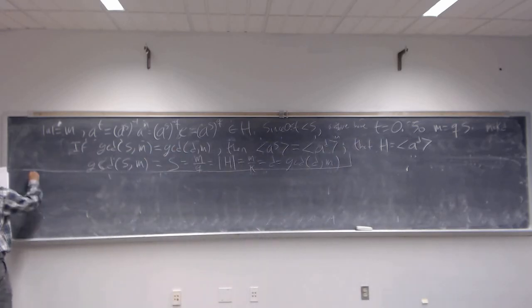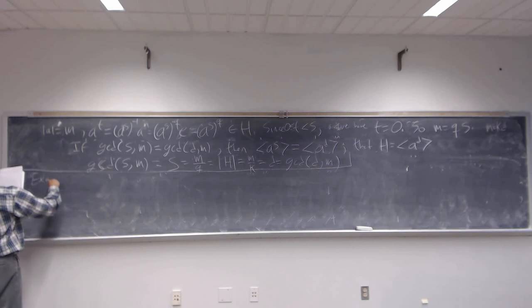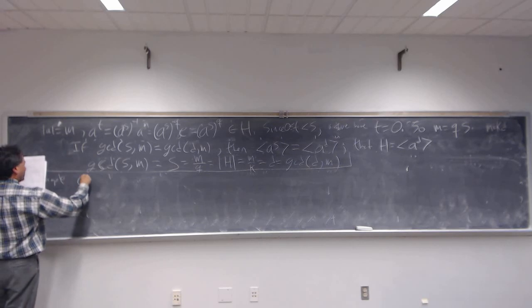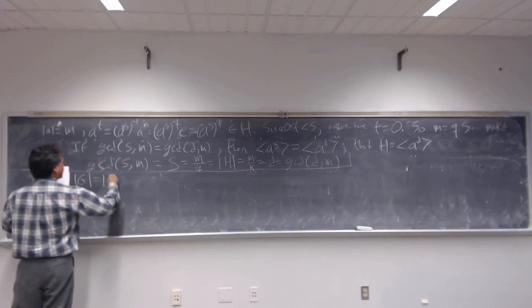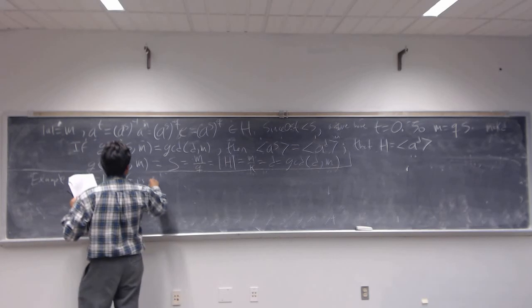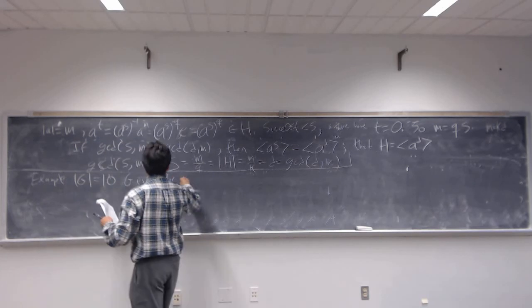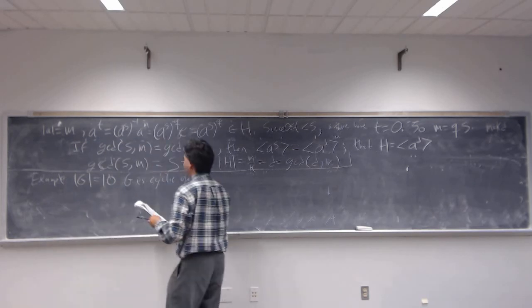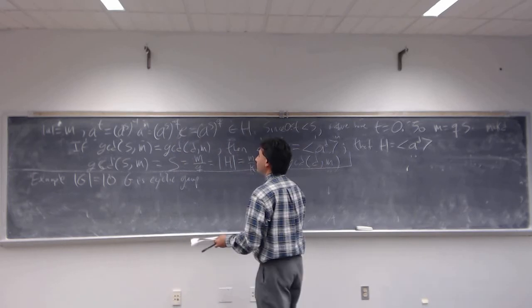Okay, so let's look at some subgroup graphs. Again, we've done some of these in class. For example, the order of G is 10. G is a cyclic group, so it's got to be generated by something.